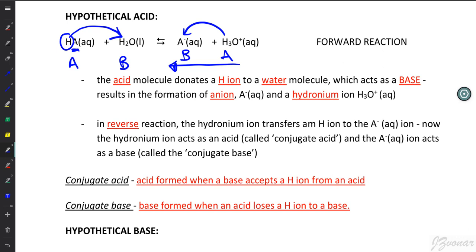And so therefore we call this the conjugate acid and the conjugate base. I'm putting CONJ for conjugate for short form, and A for acid and B for base. So the conjugate acid is the acid formed when the base accepts a hydrogen ion from an acid, and likewise that is the conjugate base.